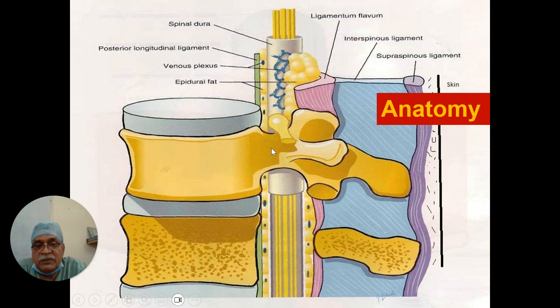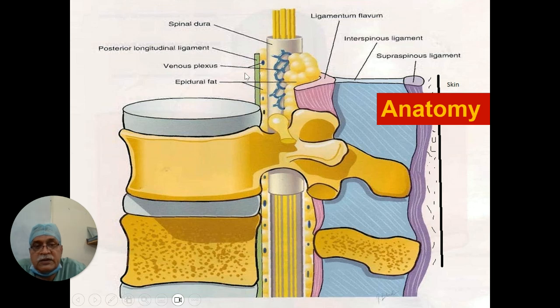There are about 33 vertebrae and 31 spinal nerves. Each vertebra consists of a vertebral body and a posteriorly projecting spine and a plate of bone known as a lamina, connected with the pedicles. Anterior to the spinal cord is the anterior longitudinal ligament.